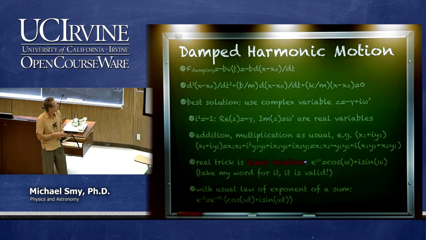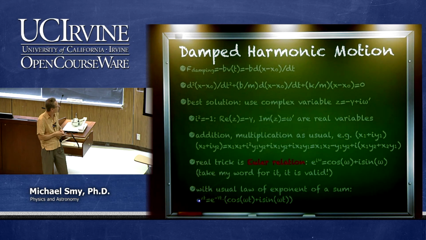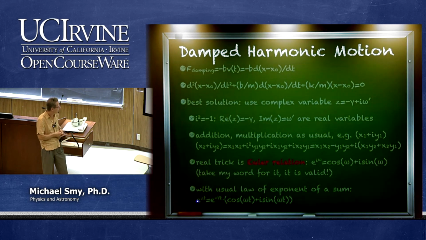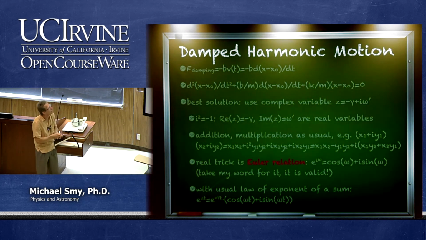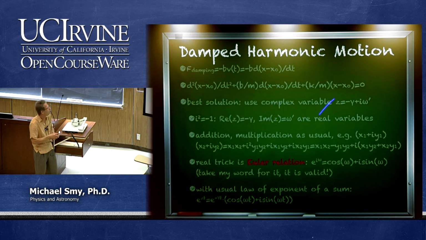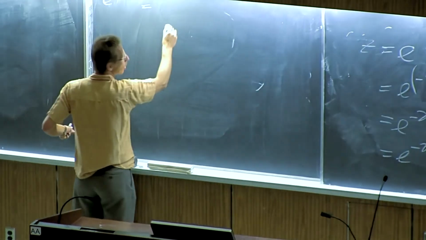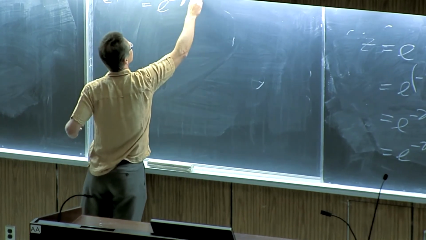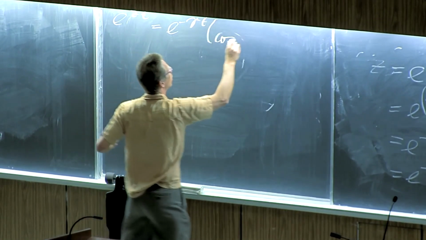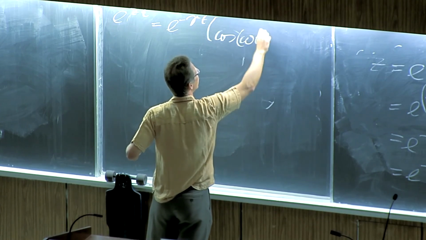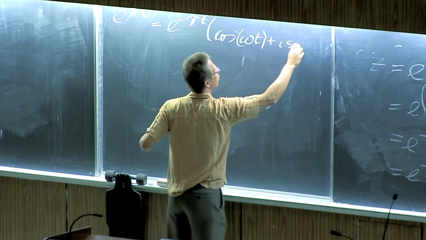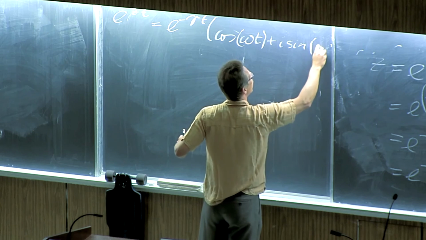So if we use now a complex variable and say that for x minus x0, we're guessing the answer of e to the complex variable times time. And since I set it up like this, e to the zt is e to the minus gamma t times cosine omega t plus i sine omega t.